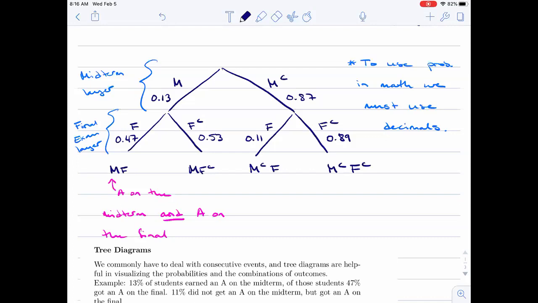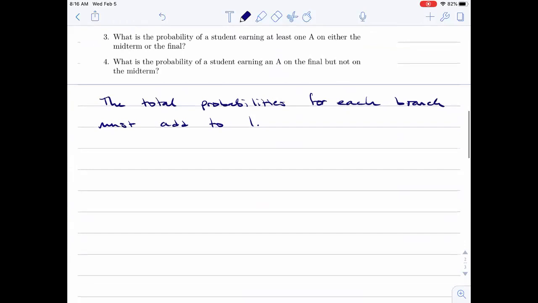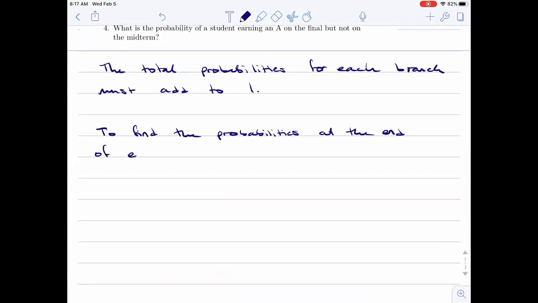So at the end of each branch, you're going to be multiplying the probabilities that run down the tree. Okay? To find the probabilities at the end of each branch, we multiply the probabilities.